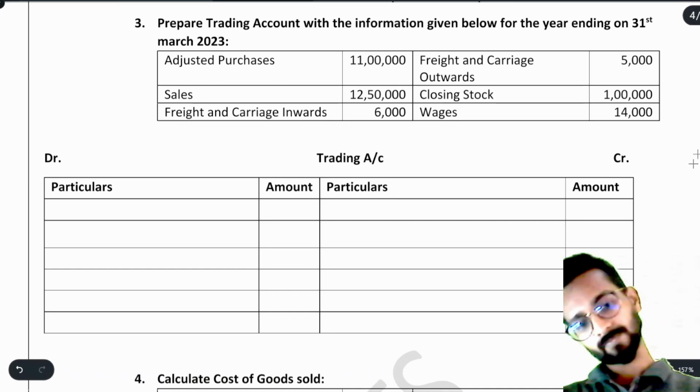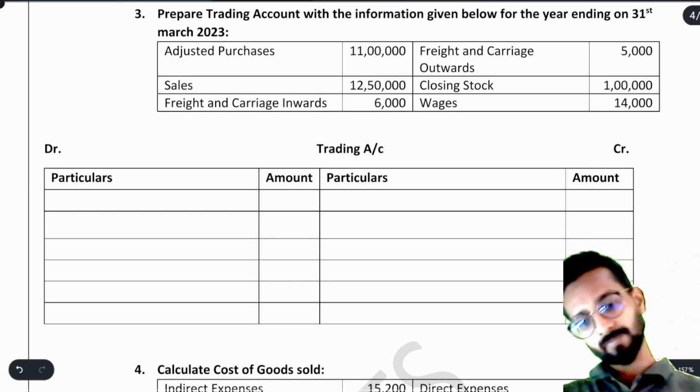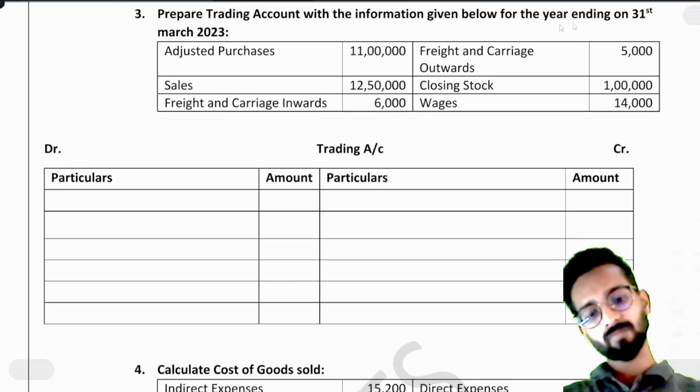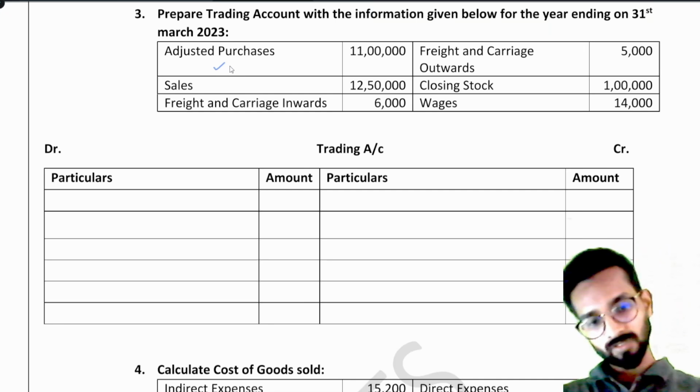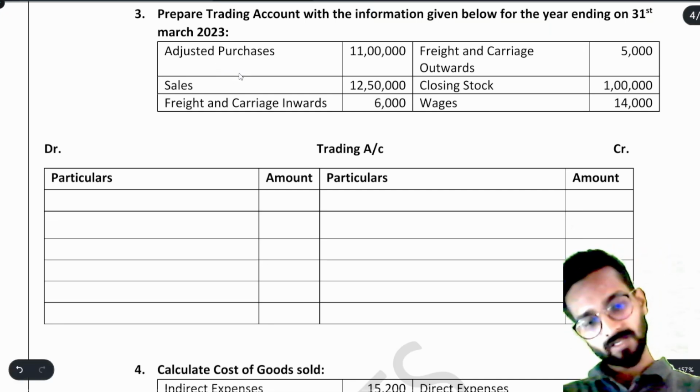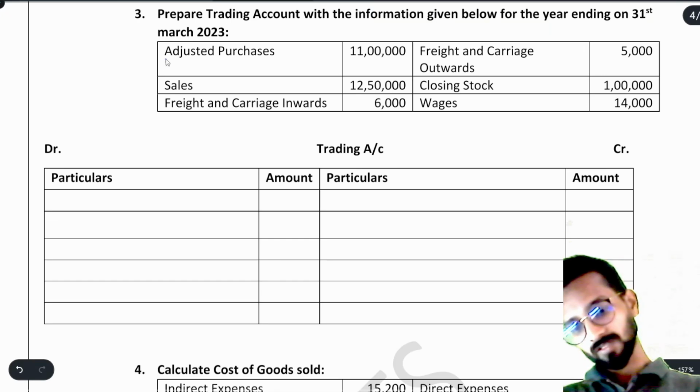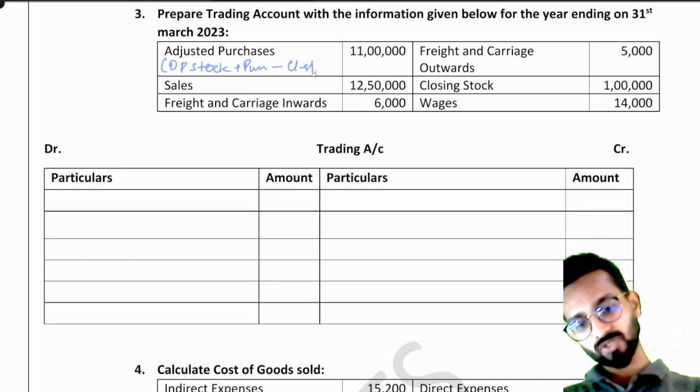Okay. Now, prepare a trading account with the information given below for the year 31st March 23. First is adjusted purchases. Oh my God. Adjusted purchases means opening stock plus purchases minus closing stock.